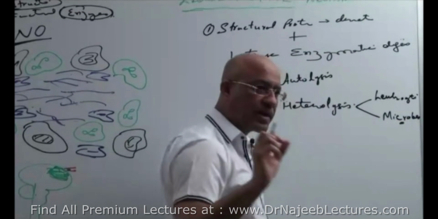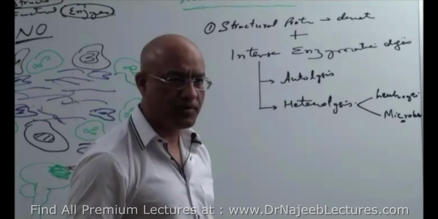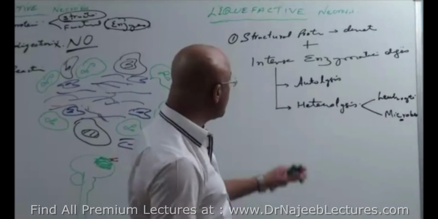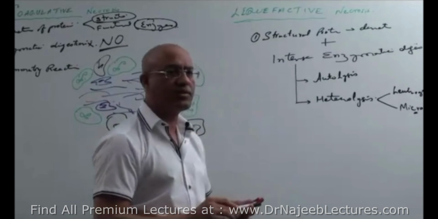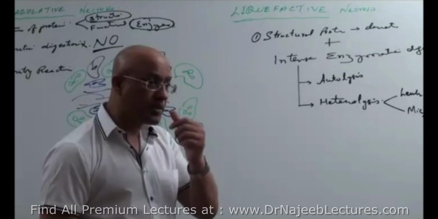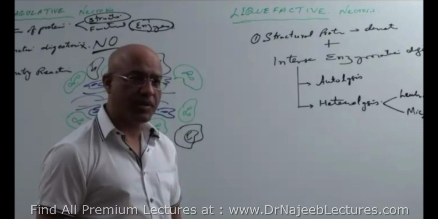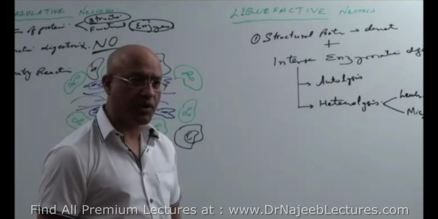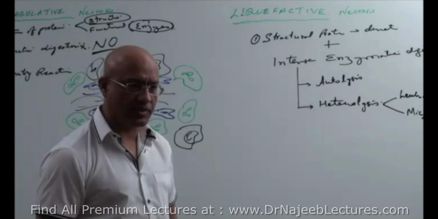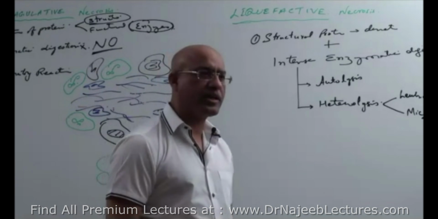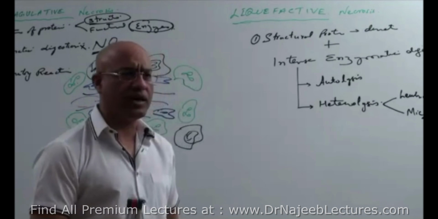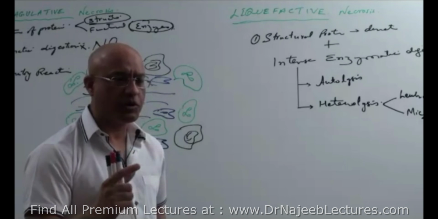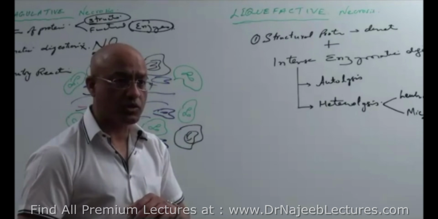Usually it's a focal bacterial infection or sometimes even fungal. So liquefactive necrosis is classically seen in pyogenic inflammations, pus-forming inflammation. Organisms like streptococcus, staphylococcus, E. coli, Klebsiella, Salmonella produce pus in the organs or tissues.